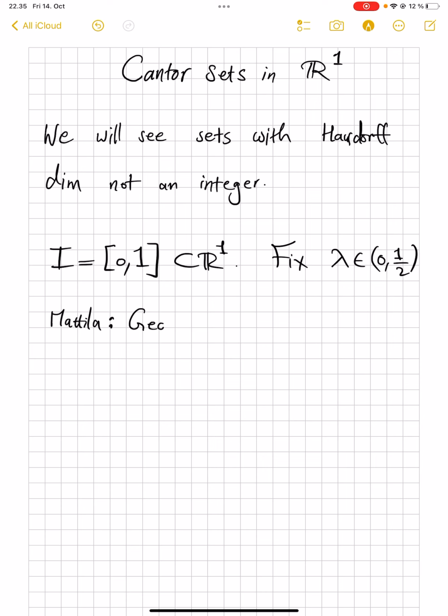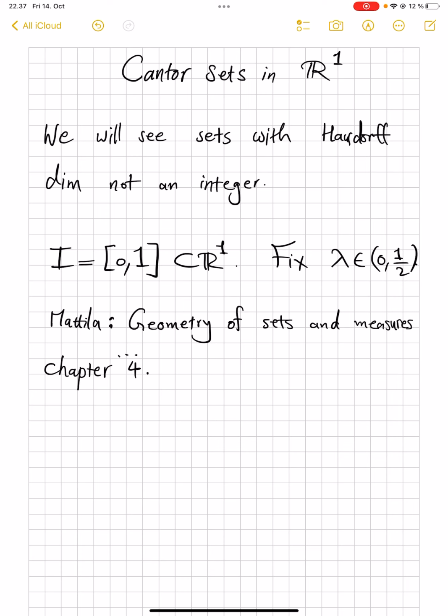The title is Geometry of Sets and Measures in Euclidean Spaces. The subheading is Fractals and Rectifiability. In the edition of the book I have, this is in chapter 4, and I will follow his notation, and for further details about what we will talk about, you can refer to that book.